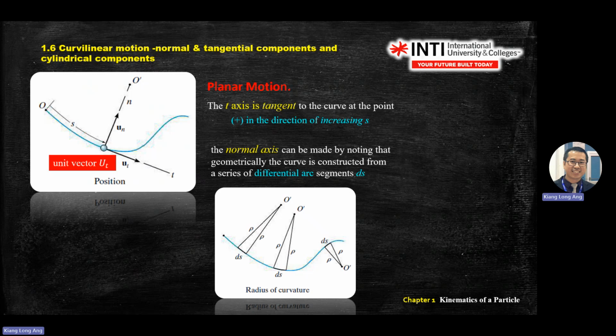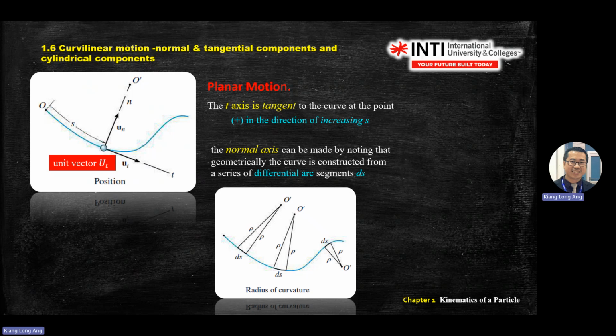This is in radians, not degrees. So s equals r theta. You learned this equation in one of your mathematics chapters. I just want to tell you that on the curve, you have an r here.